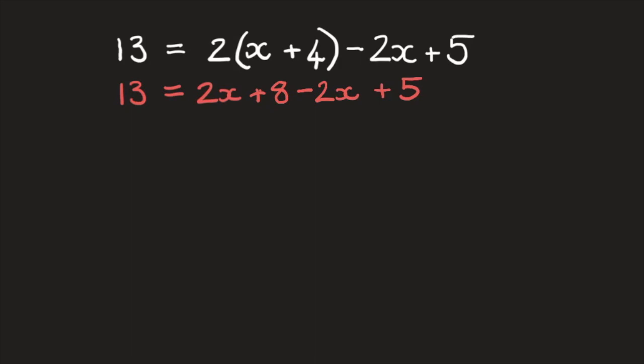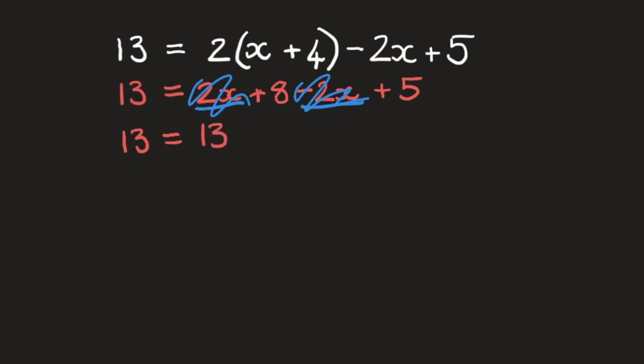And before I go any further, I'm going to add my like terms, so I'll leave that over there. I've got 2x and I've got minus 2x, and of course that leaves me with no x's. So actually, let's just scribble them out because they have been eliminated. 8 plus 5 is 15.